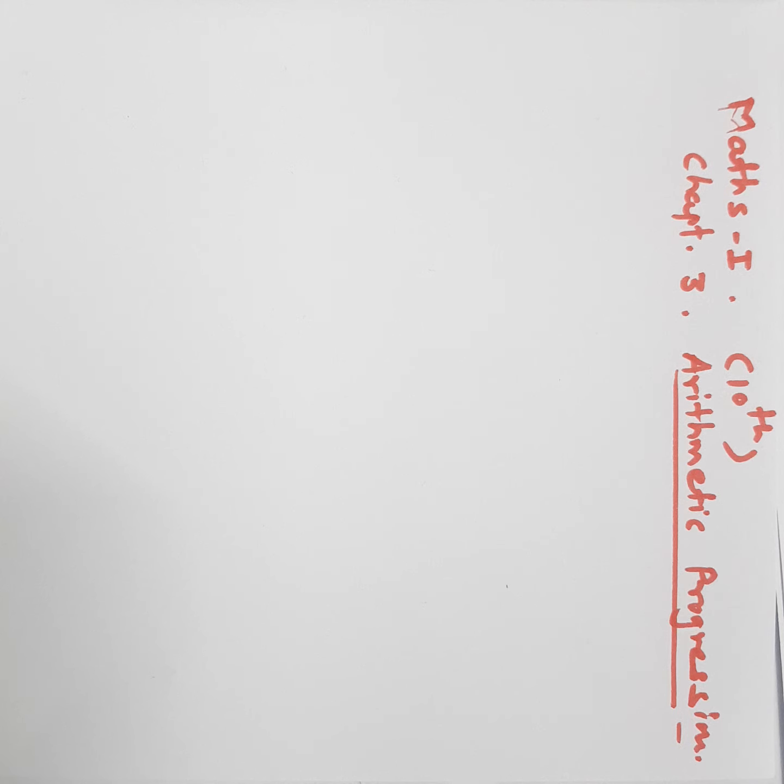This constant difference is called the common difference and it is denoted by small d. Its value may be positive, negative or 0. We have also studied some of the examples from practice set 3.1.